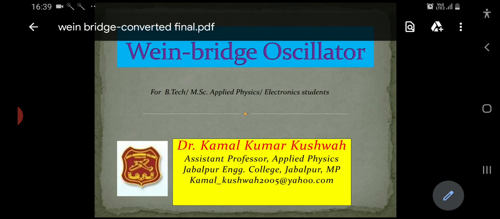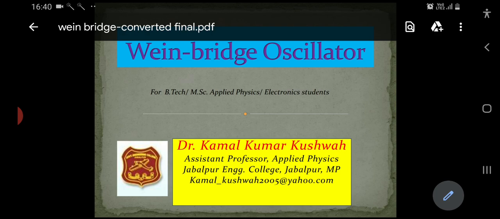But there are some special conditions for making such an oscillator. First, there should be feedback of 360 degree or 0 degree between input and output, and the second condition is Barkhausen criteria should be satisfied for making the oscillator. By keeping these two conditions in mind, we select all the components in the oscillator and we design a particular circuit.